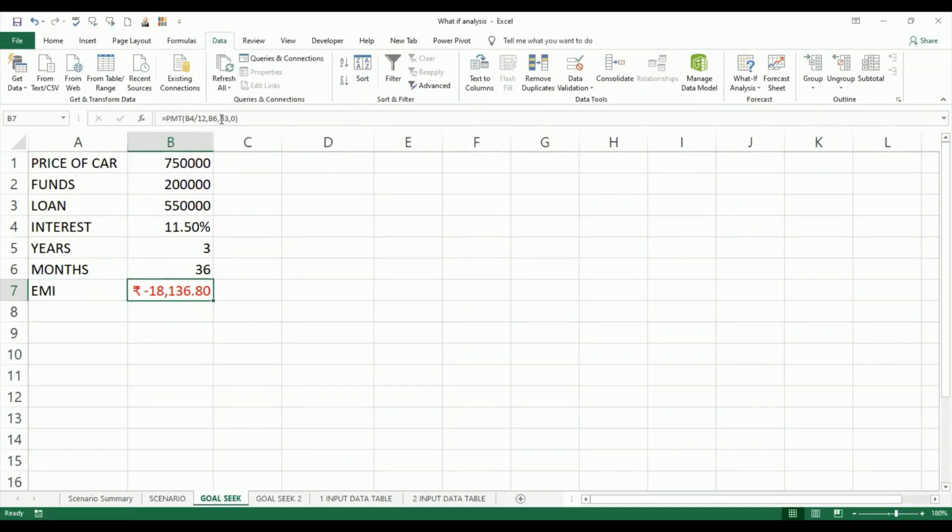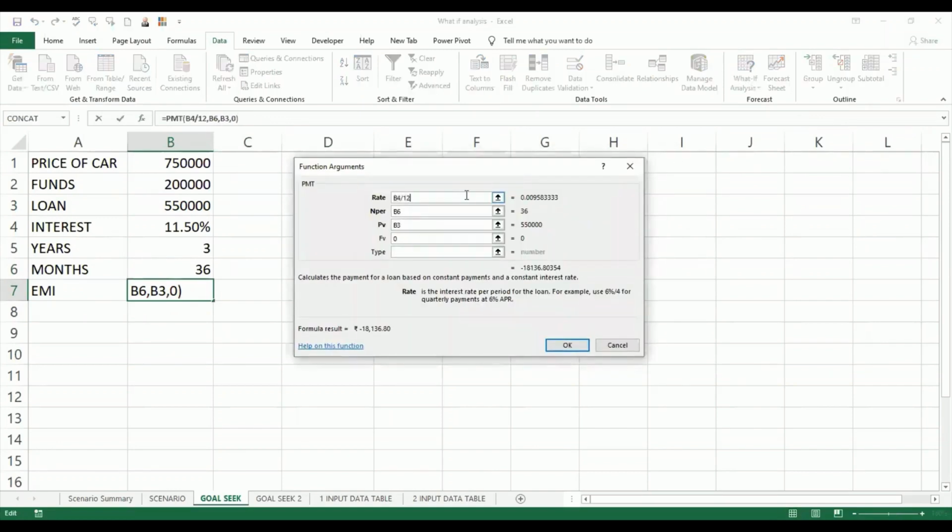The PMT formula is basically based on this particular method, where first we have the rate. To get the rate, I'm going to divide it by 12 because I need monthly rates. Then is NPER. NPER is nothing but the duration for how long is the loan. Again, for NPER, I'm taking the months and not the years.